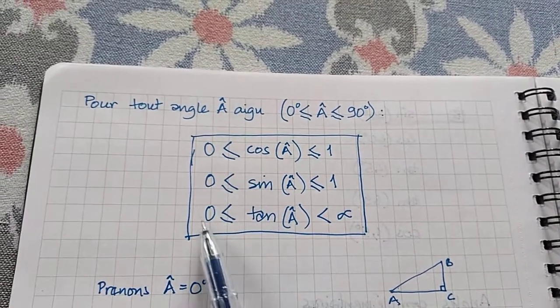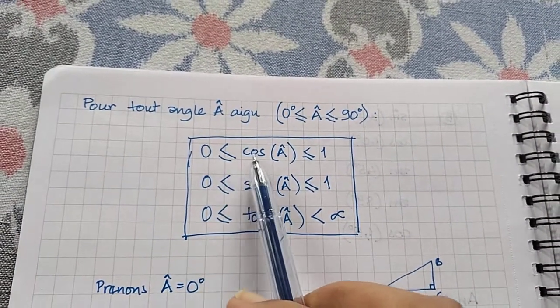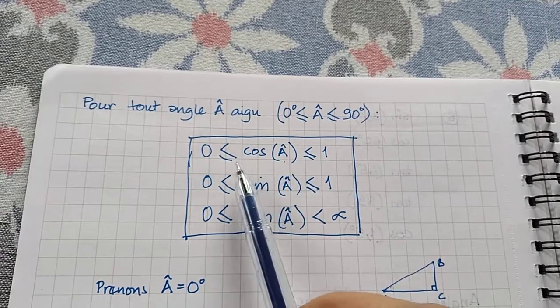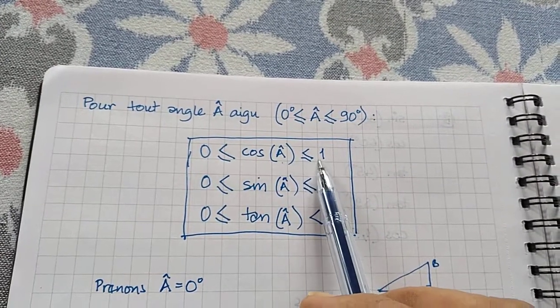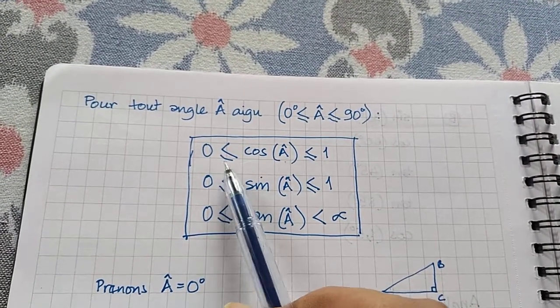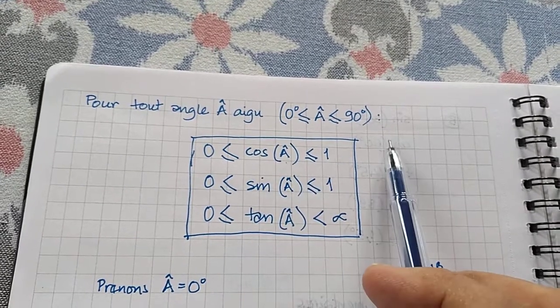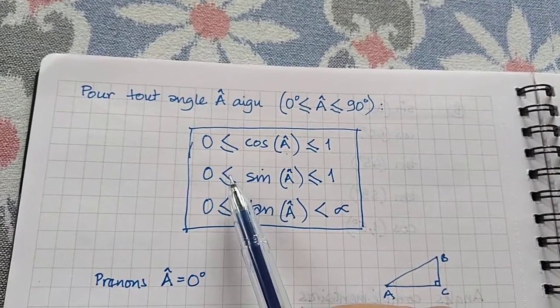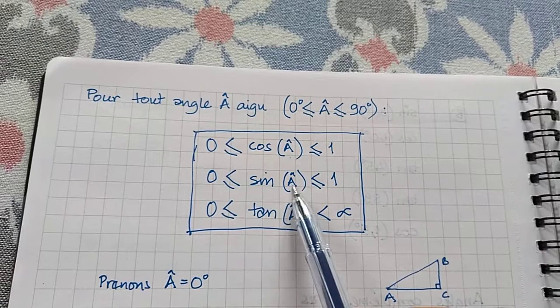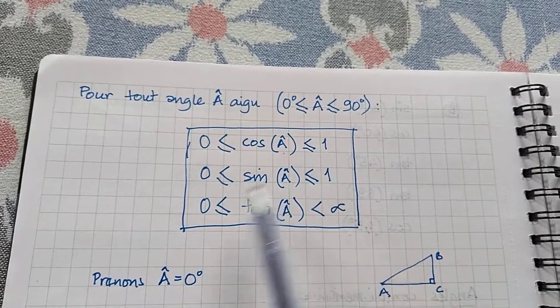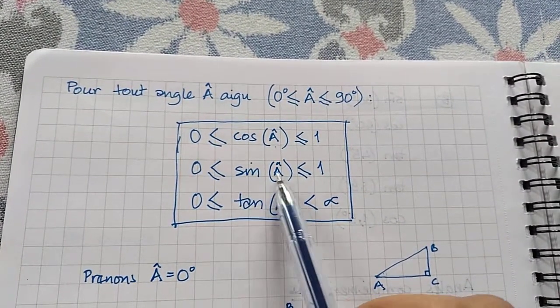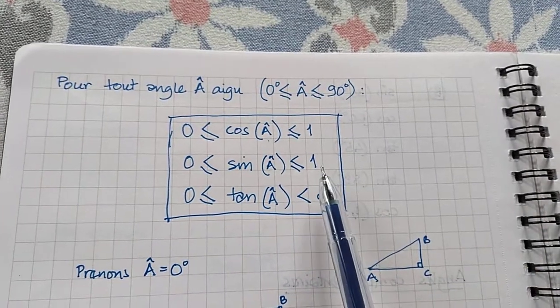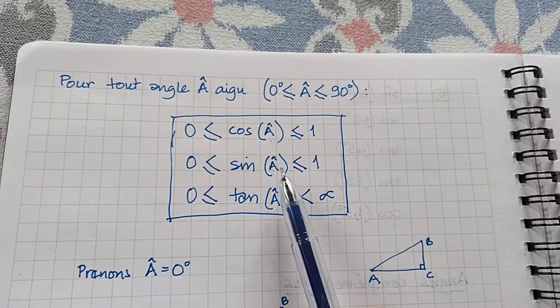So what we will now show is that cosinus of A always goes from 0 to 1. It is always between 0 and 1. It can be 0, it can be 1, but it cannot be 2, it cannot be 3. Similarly, sinus of A is also between 0 and 1. And if you remember in one of those problems, I think problem number 37 that you did, you had to draw a triangle.